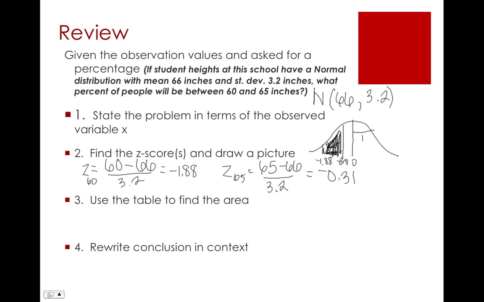Now I need to look up both of these z-scores. And what am I going to do? I'm going to subtract what I find. Okay? So I'm going to look up negative 0.31. And I'm going to look up negative 1.88, and I'm going to subtract what I get. Remember, this is a forward z-score problem.